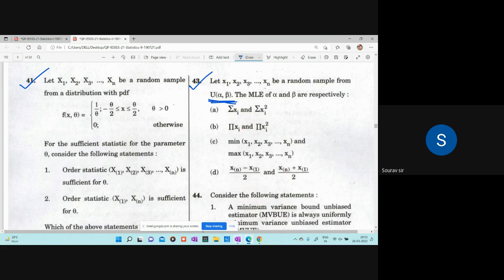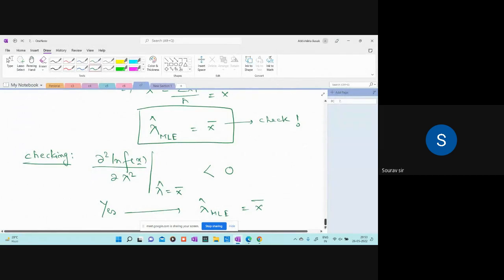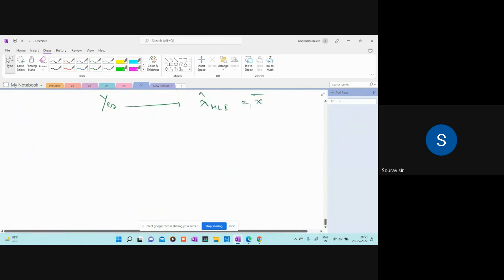Do you know the method of finding MLE for uniform distribution? If x follows uniform alpha beta, suppose we are taking a single random sample. Then f(x) will be 1 by beta minus alpha, and the range of x will be this.